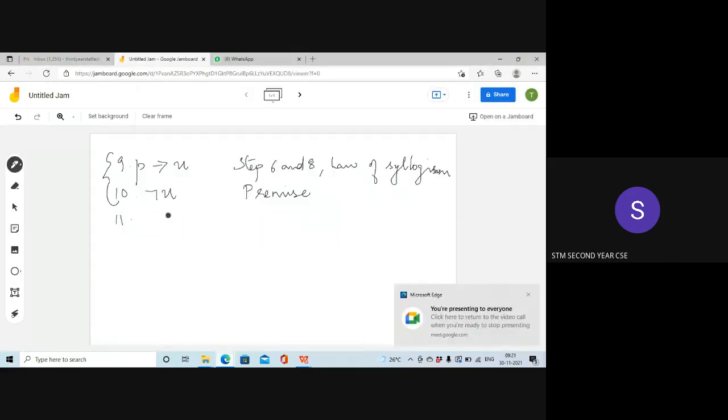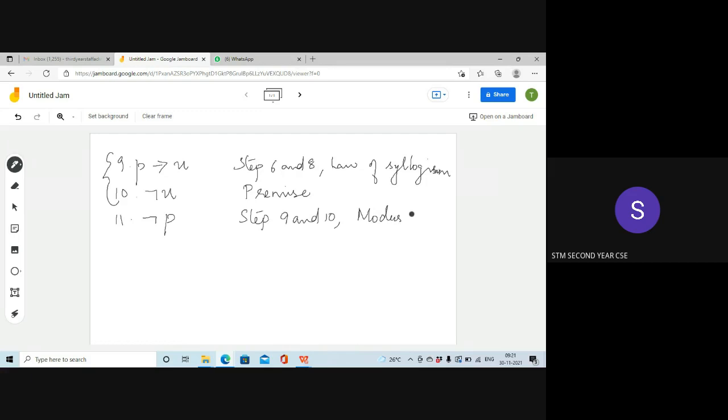So from step 9 and 10, we can apply modus tollens. We have reached the conclusion not P. So the conclusion that we needed to reach was not P. From the given set of arguments, we reached the conclusion not P by applying the rules that we had studied, which means that the given argument is a valid argument.